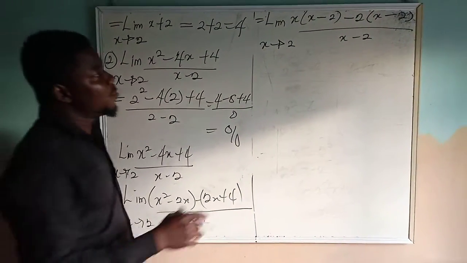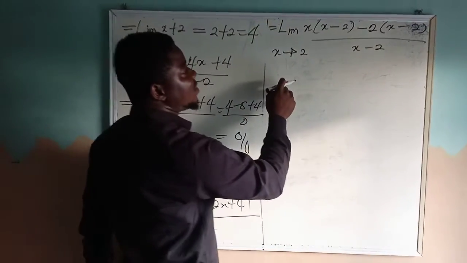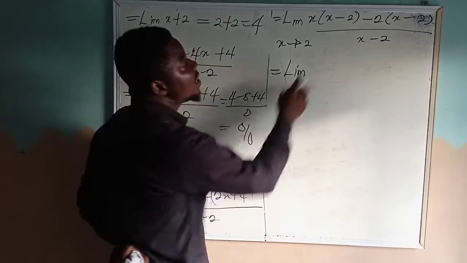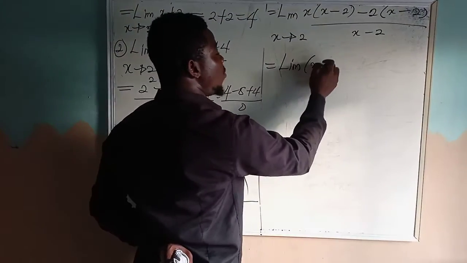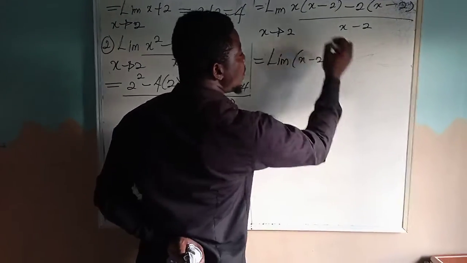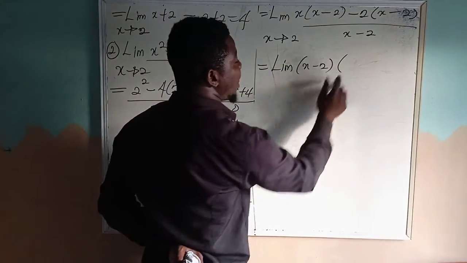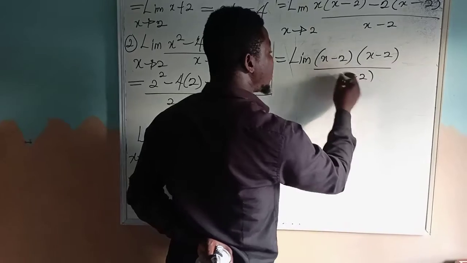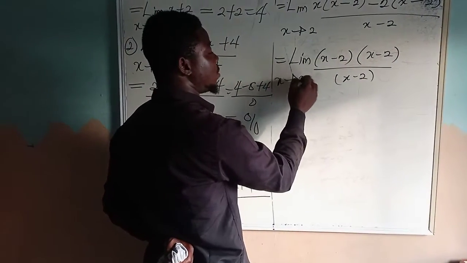Wow. Now, if you look at the numerator immediately, you discover that there are common factors. This will be equal to the limit of: these two are the same, so you pick one, which is (x - 2), and these two outside, you group them together, which is (x - 2), all over x - 2 as x tends to 2.